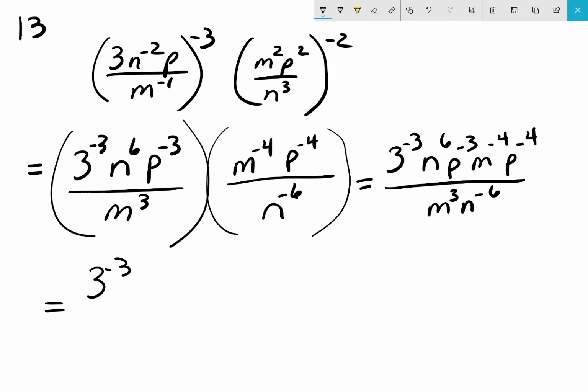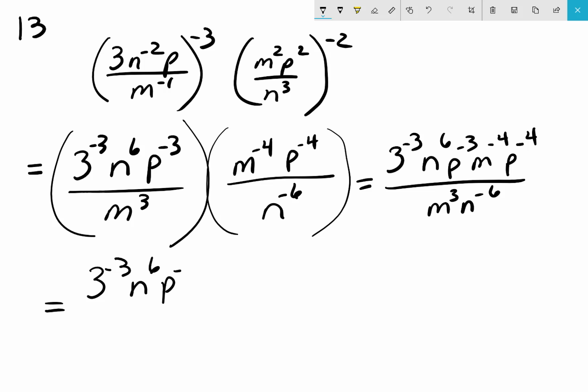You've got an n to the 6th on the top and an n to the negative 6th on the bottom, and when you divide like bases, you subtract the exponents. So you could do that, or you could move everything up into the numerator and work with it that way. Just to be consistent with what I did on the last problem, I'm just going to move everything up into the numerator so it all is nice and clear.